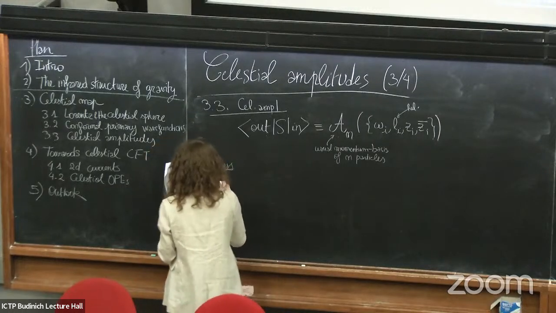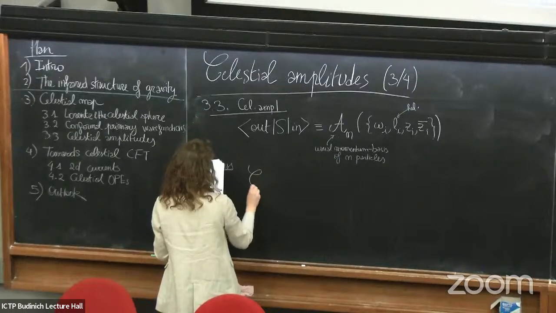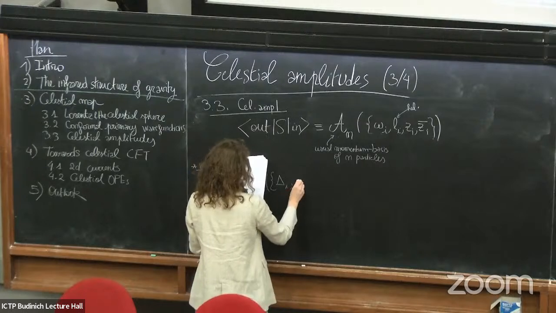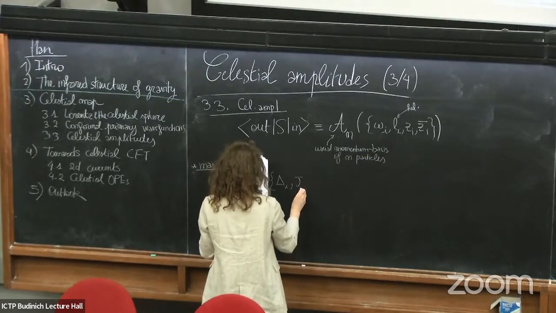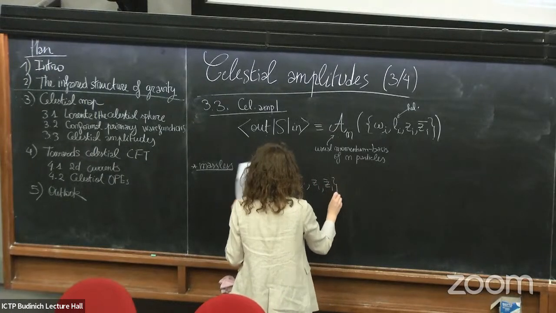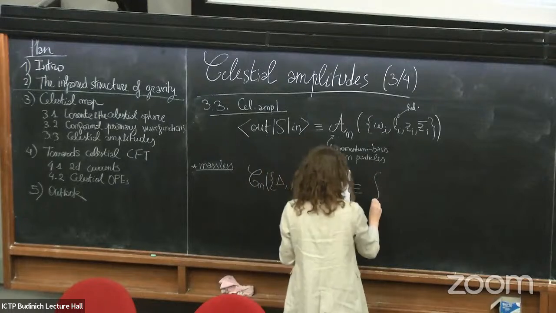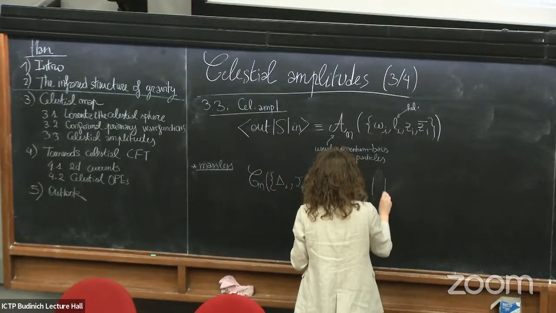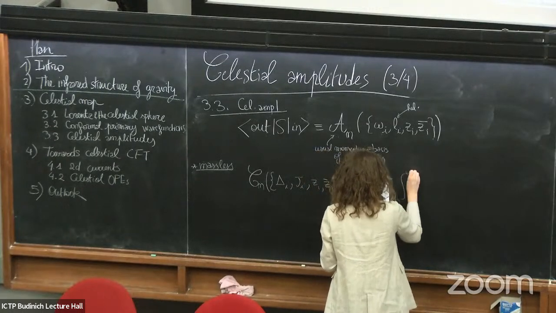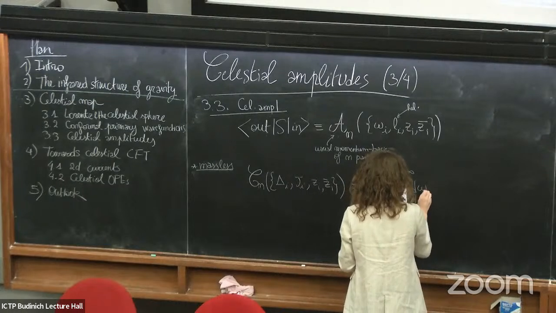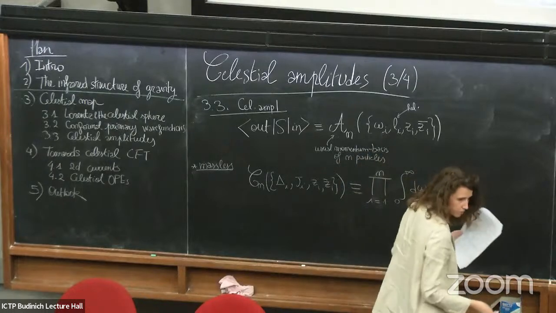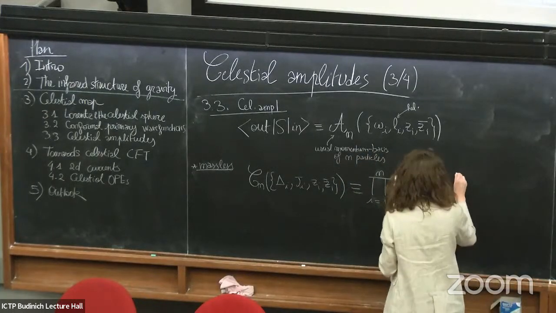The celestial amplitude, which I will call curly C now, involving n particles, will now be labeled by two other quantum numbers, the conformal dimension and the spin. And it's just defined as taking n times the Mellin integral, one for each leg of the usual momentum basis amplitude.